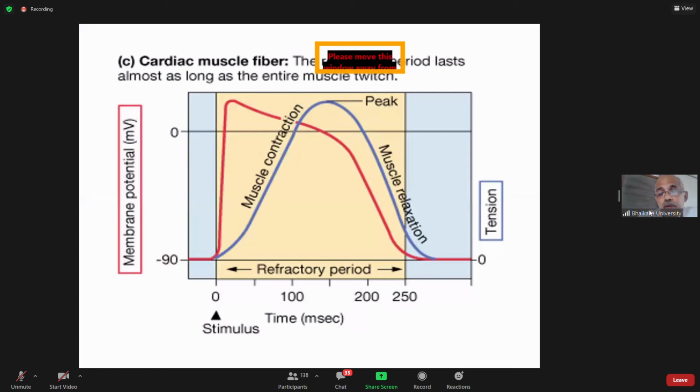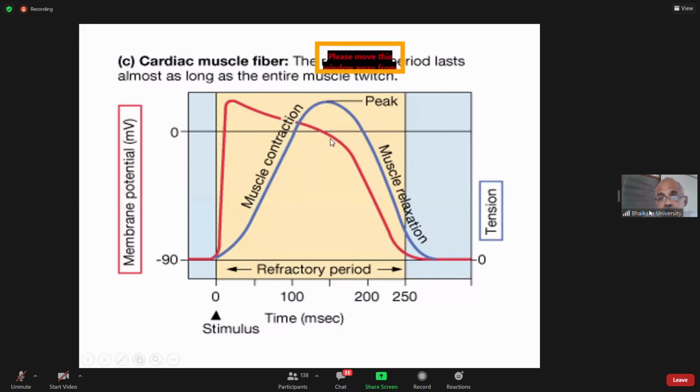Now, the cardiac muscle action potential has a plateau phase. I told you the plateau is because of the influx of calcium ions. Because of this plateau, 2-3 things happen. One, it causes excitation contraction coupling. Second, the refractory period is prolonged.